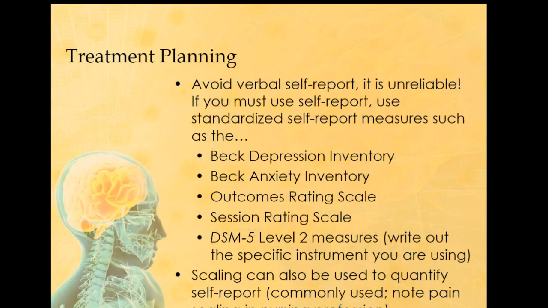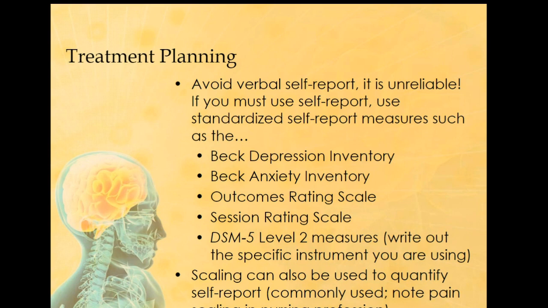And related to that, like I just said, it's not a great idea to ask the client how things are going with their spouse. We really want to avoid using verbal self-report, and we don't want to use it because it's basically unreliable. I think it's much more useful to try to use some standard measures, even though obviously standard measures involve self-report, but they tend to be more rigorous and robust.